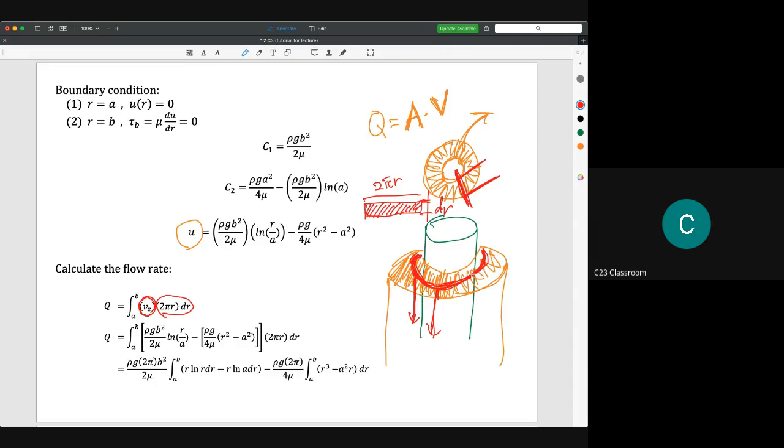Then we need to integrate this, and because we integrate with dr, the limits must reflect the value of dr. According to the question, this is 0, this is a and this is b. So the limits must be from b to a.